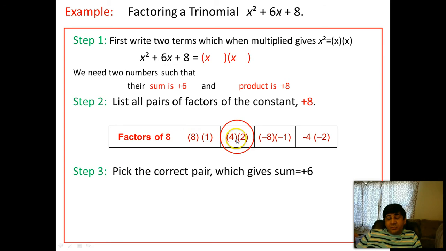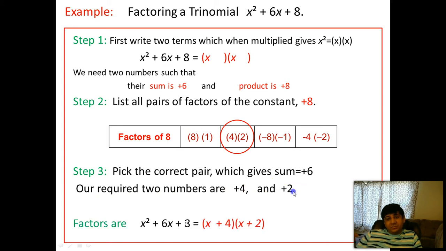So when we add these two, it gives us plus 6. Our required numbers are plus 4 and plus 2. Filling in the blanks, our required factorization is x squared plus 6x plus 8 equals x plus 4 times x plus 2.